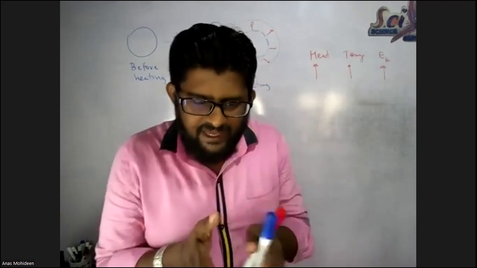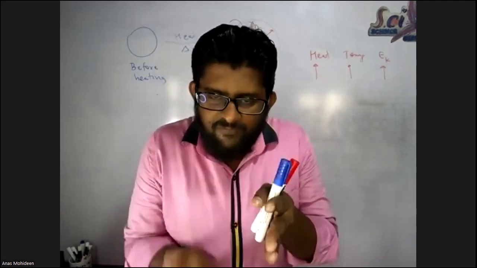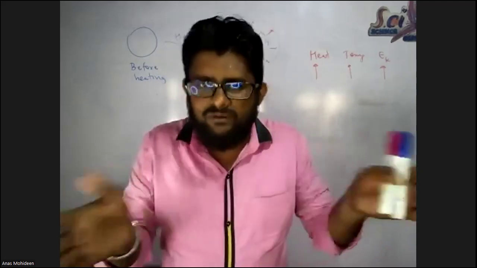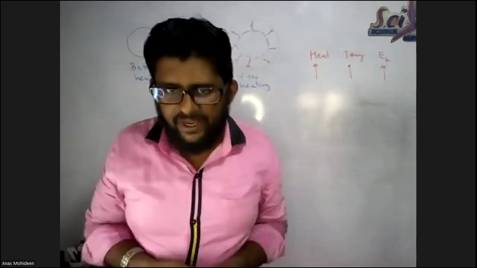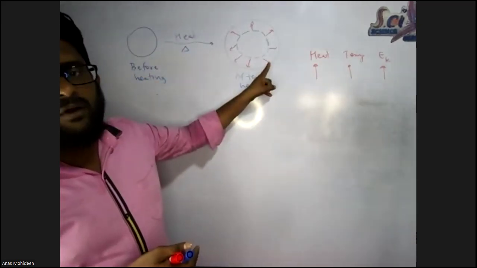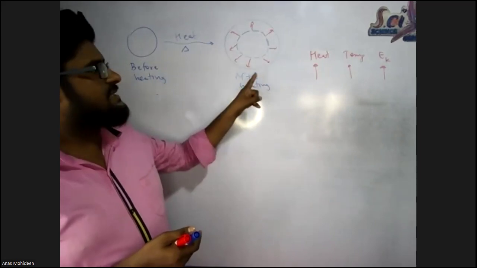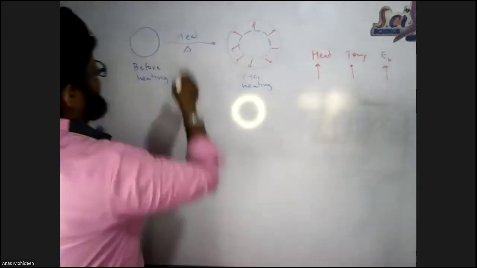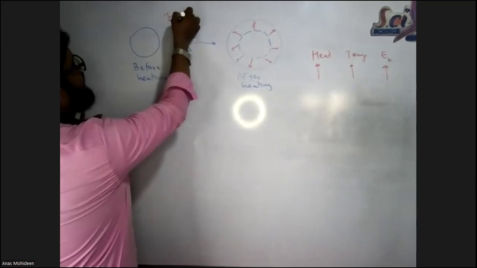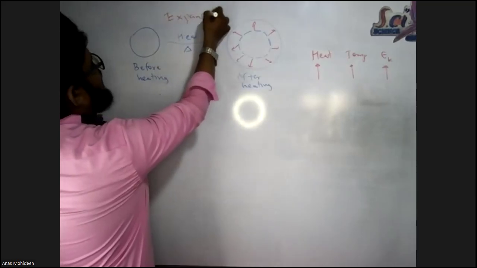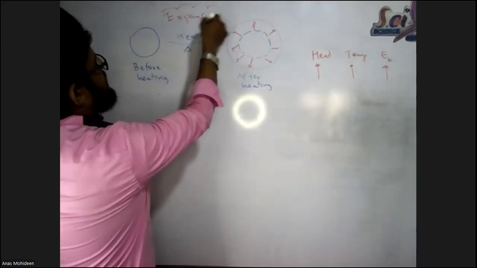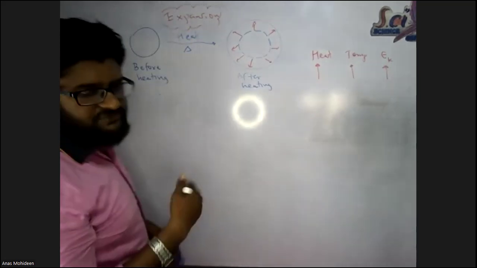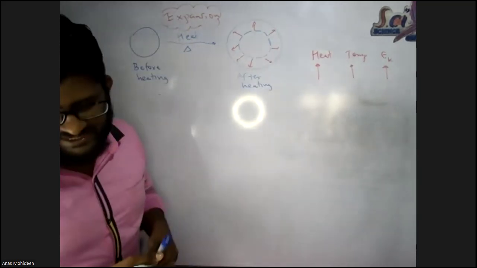In the same way, when particles are close and we increase the temperature, they try to move away. So they occupy more space, increasing the entire volume. This causes thermal expansion, and this is what we term expansion. So thermal expansion occurs because of increasing the heat.